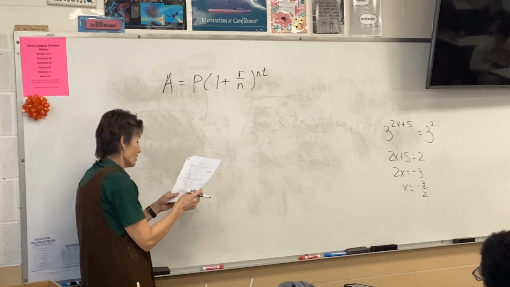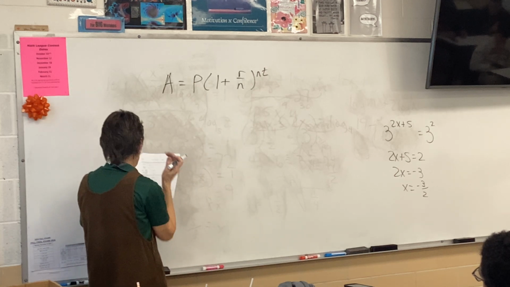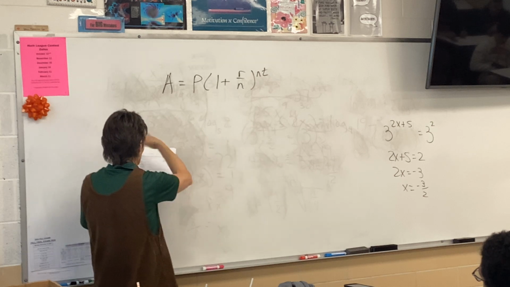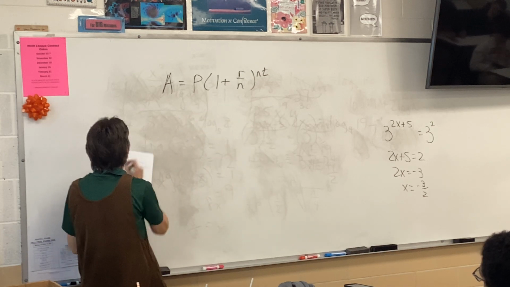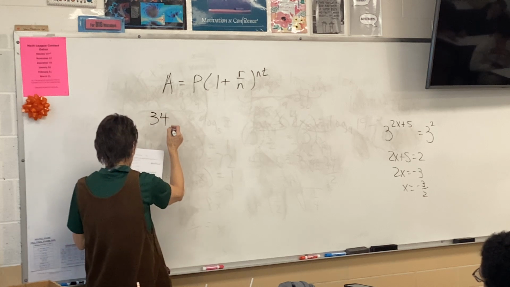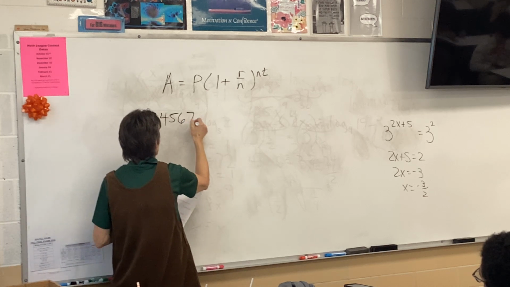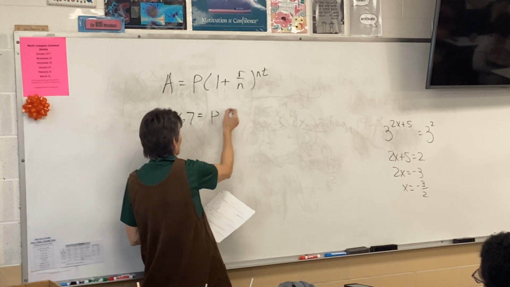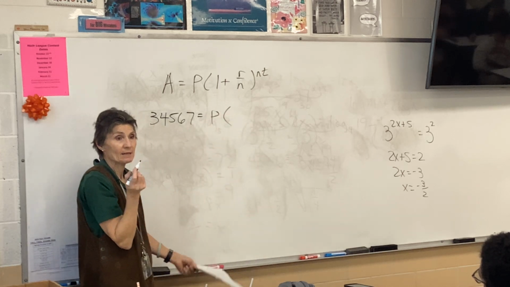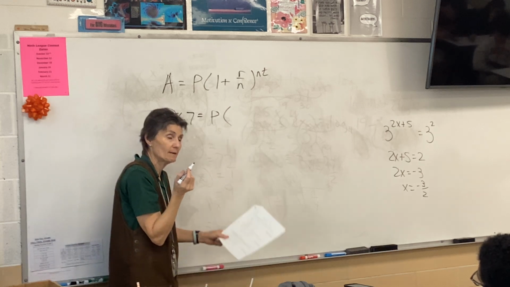Alright, so Kaya, what did you put where? I put the 34,567. Okay, that sounds like a good idea. That's what I want to end up with, and my variable is P. That's what I'm trying to figure out, how much they need to put in.